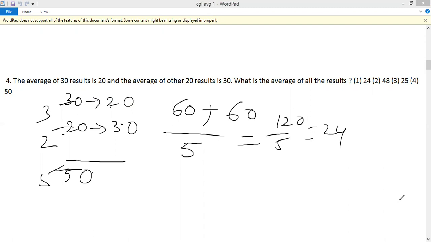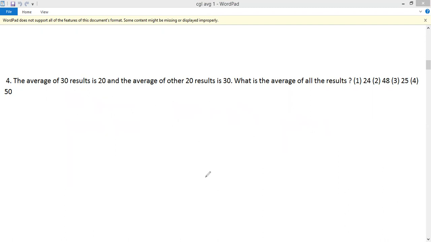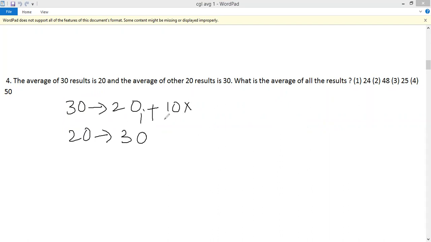But we will do it in another way. How? 30 results is 20, and 20 results is 30. Here it is greater, in between 20 plus. How much distance? 10. For how many numbers? 10, for the 20 numbers. Total shared by the total, 30 plus 20, 50.